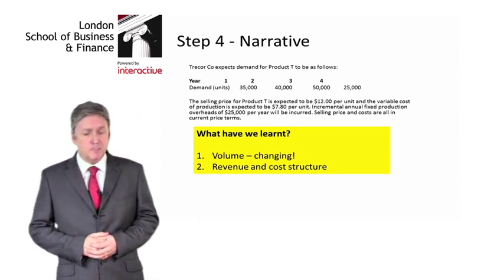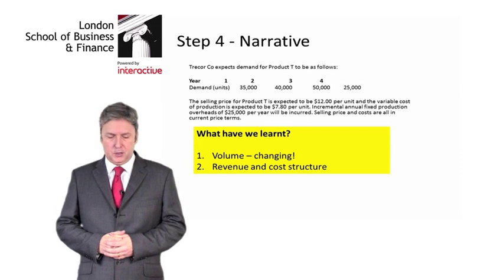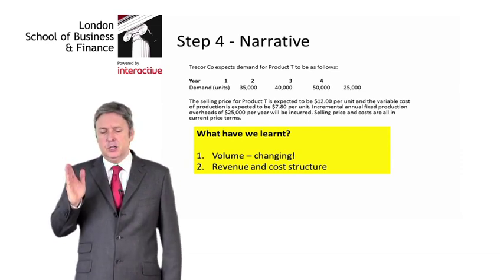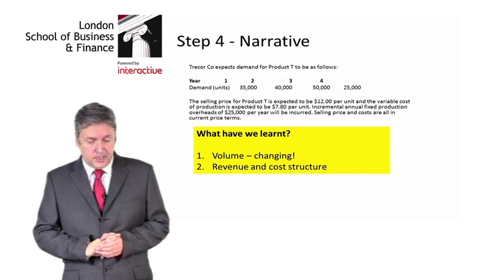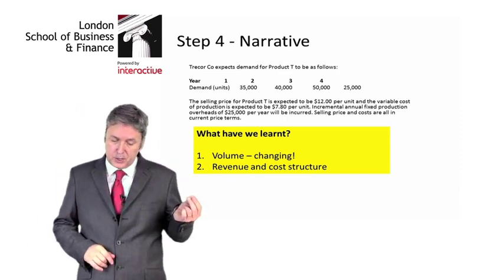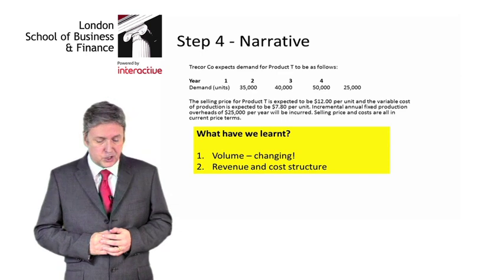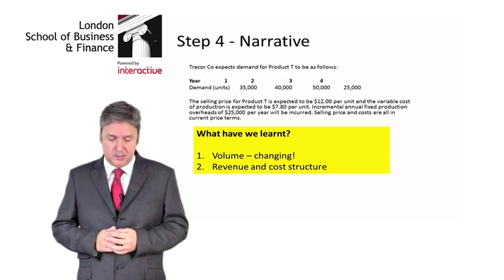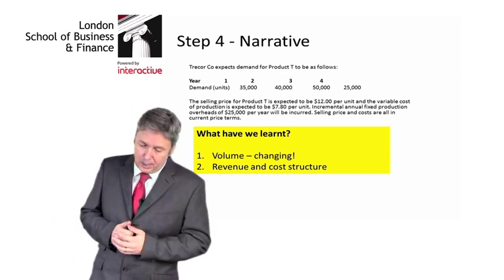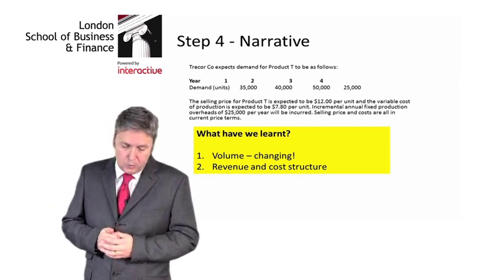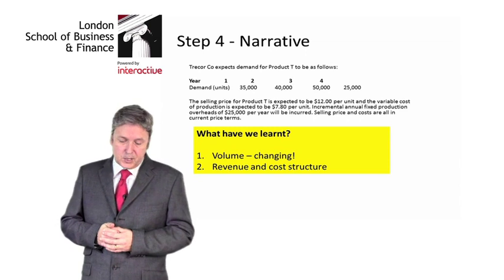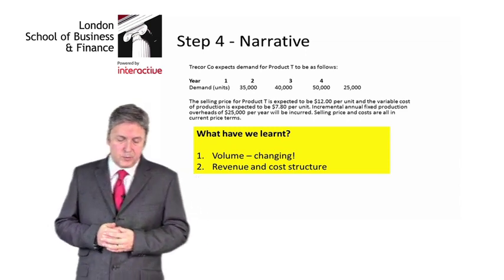Then we move on. Tricor Co. expects demand for product T to be as follows. So, we're given the demand in units across the page. The selling price for product T is expected to be $12 per unit, and the variable cost of production is expected to be $7.80 per unit. Incremental annual fixed production overhead of $25,000 per year will be incurred. Selling price and costs are all in current price terms.